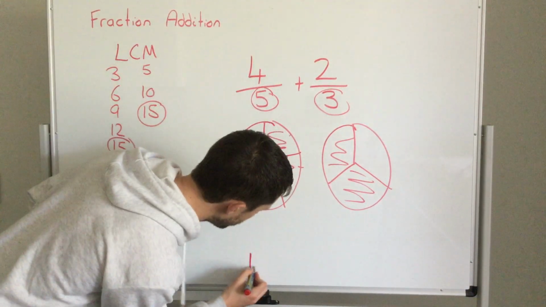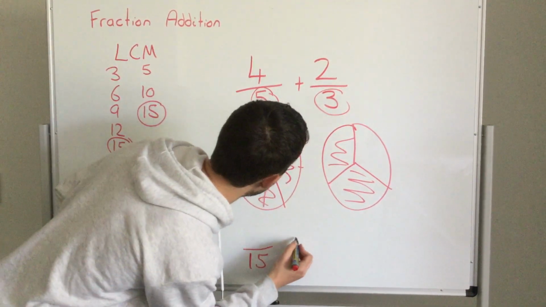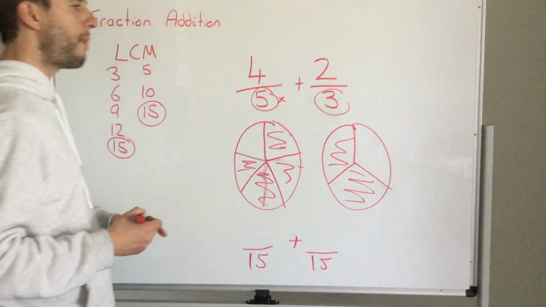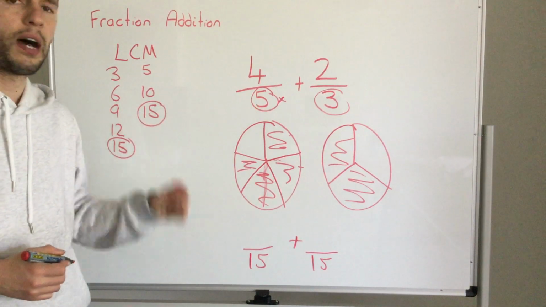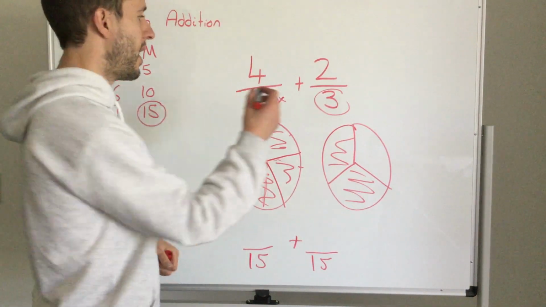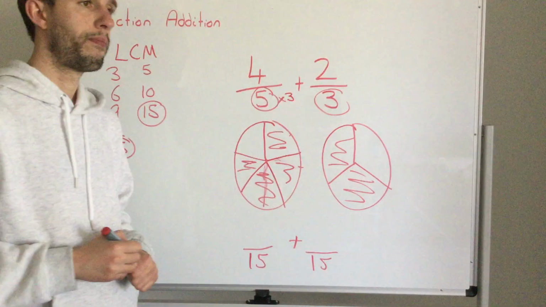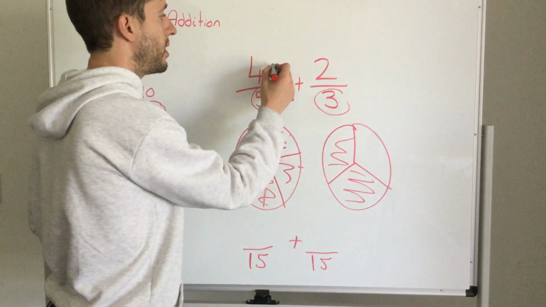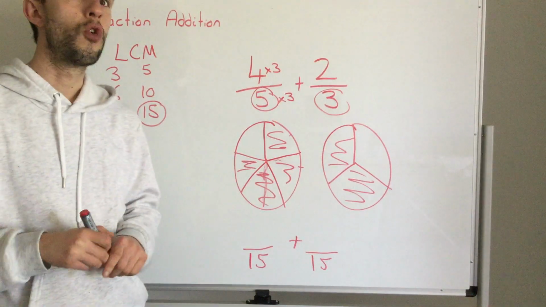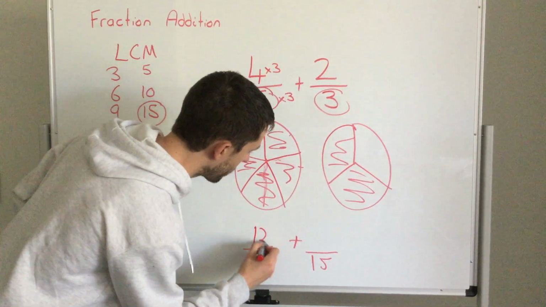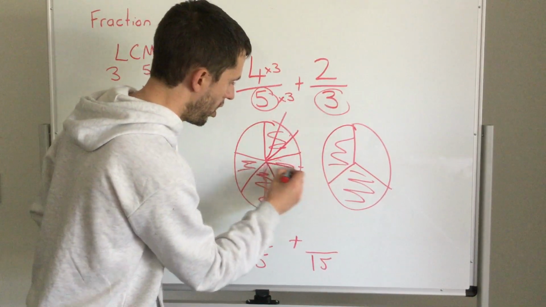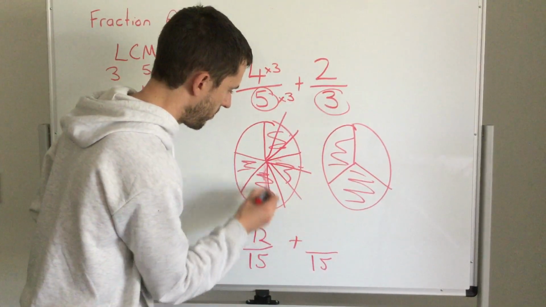That means that I know my denominators are 15, so I need to think about what I did to 5 to get it to 15. I times it by 3, which means I'm timesing my numerator by 3. 3 times 4 equals 12, because I would have cut each of these into 3 pieces.